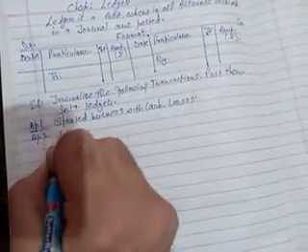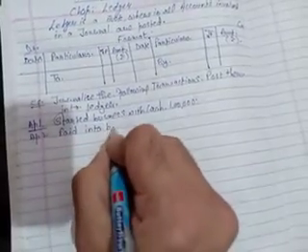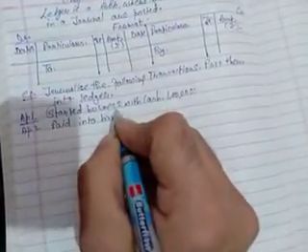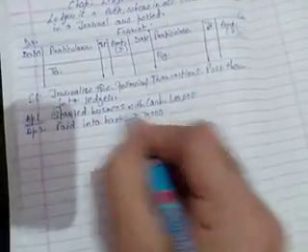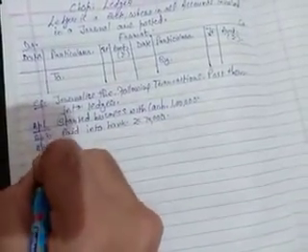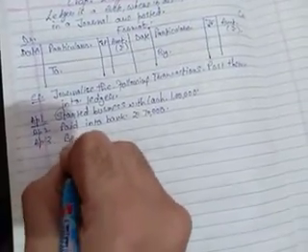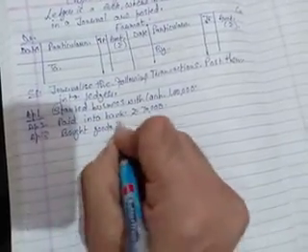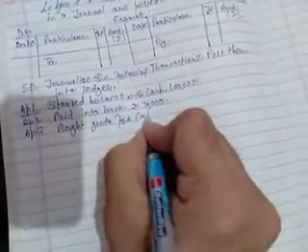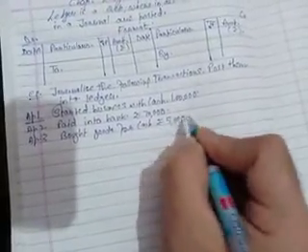April 2, paid into bank rupees 70,000. April 3, bought goods for cash 5,000.